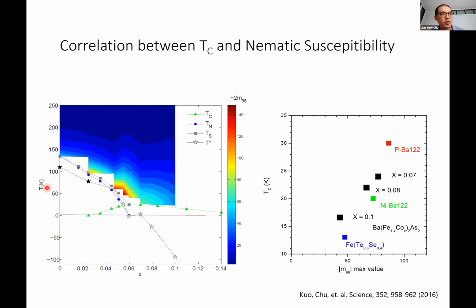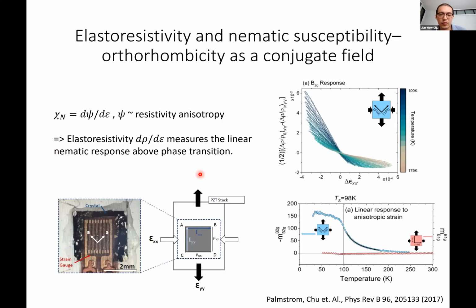So hopefully in the second part of my talk, what I'm going to show you is that we not only measure this elastoresistivity behavior above the phase transition. Now with this elasto XRD, we're also measuring the behavior below the transition, where everything is spontaneous. And with that, we can do some quantitative comparison between this ratio below and above the phase transition, and they match.